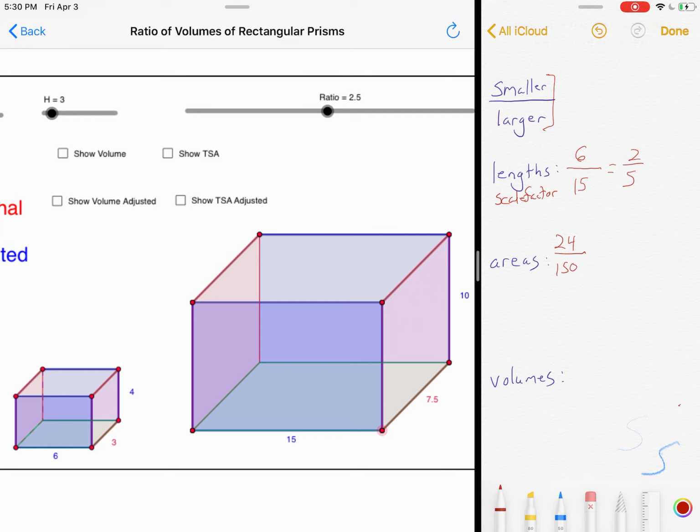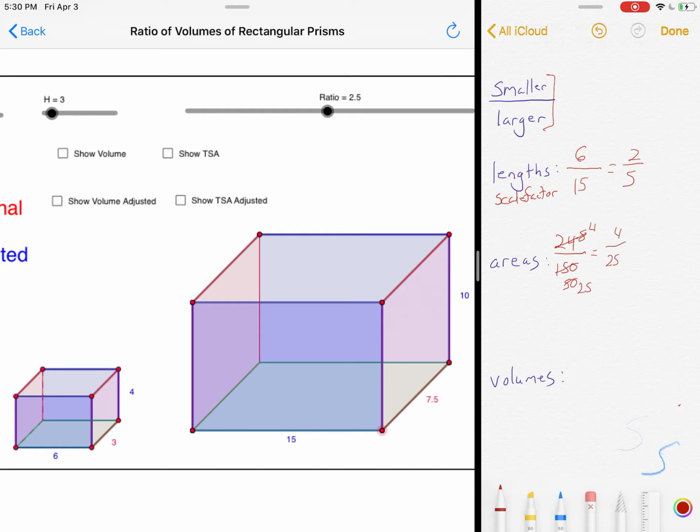And both of those can be reduced. 3 goes into 24 8 times, and 3 goes into 150 50 times. And then we notice that 2 can go into both of those. So 2 goes into 8 4 times, and 2 goes into 50 25 times. So that's the ratio of the front face.